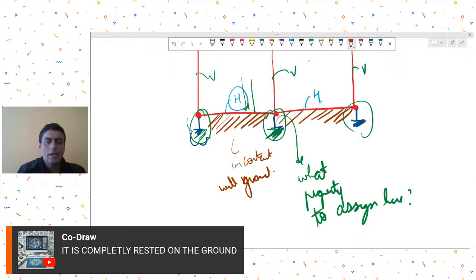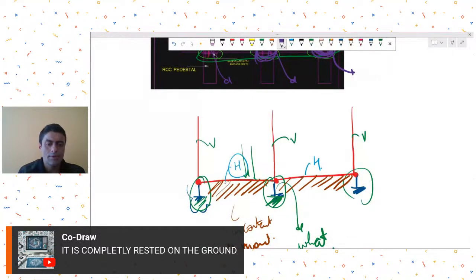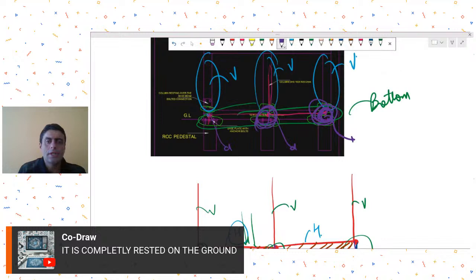And this portion, which is common to both the horizontal and vertical, you could ignore for the time being, and you could just take the columns and provide support to your column point, and maybe locally check this intersecting zone where your top vertical member is resting on the horizontal.